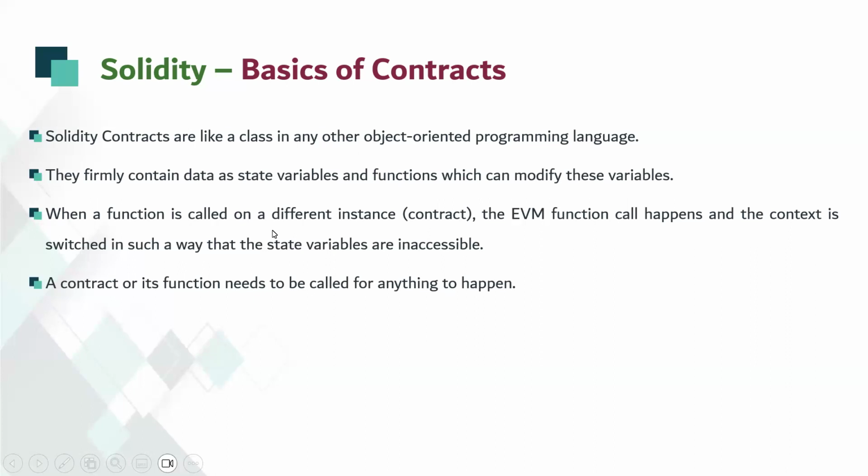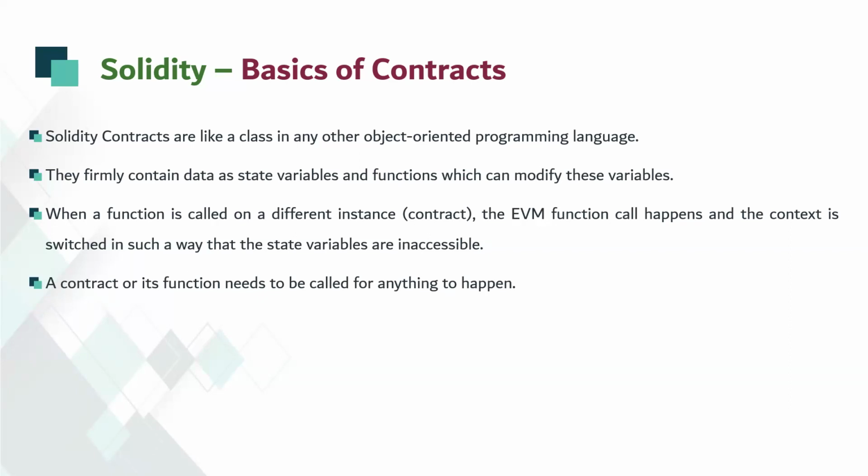When a function is called on a specific instance, the Ethereum virtual machine function call happens and the context is switched in such a way that the state variables become accessible. This means when a function is invoked on a specific contract instance, a function call occurs in the Ethereum virtual machine.